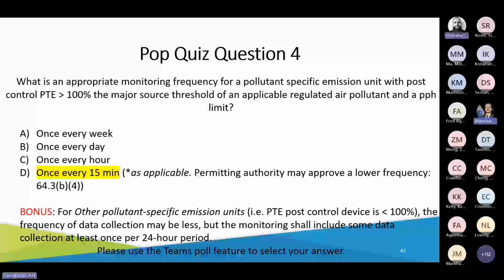So I don't think it's inherent. Yeah, I don't think it would count as an add-on control device. A fabric filter, generally, is a control device, unless there's other information going on regarding the process itself.